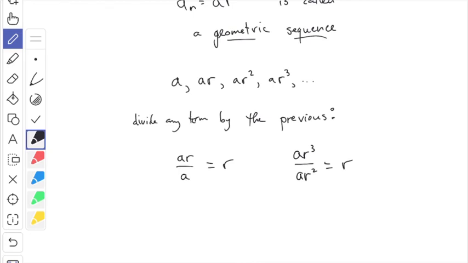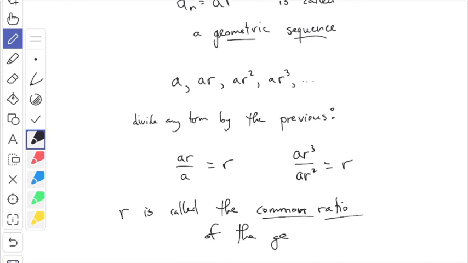So this r, for that reason, is called the common ratio of the geometric sequence. Common meaning like it's the same every time.